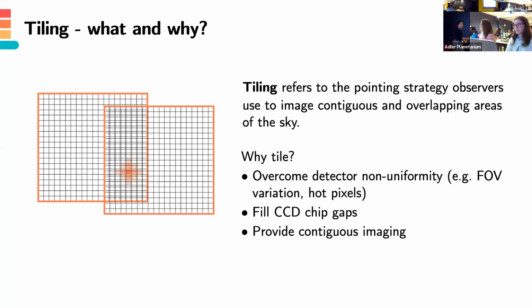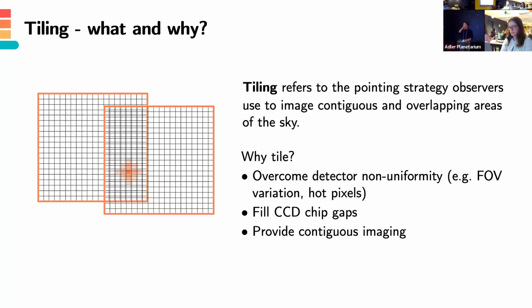You also want to tile to fill in your CCD chip gaps. So we saw this in practice with the HSC imaging at the top, but when you have a tiling strategy, this also allows you to fill in a uniform way the areas of the sky that you don't see in any single given exposure. And then finally, it gives you an opportunity to provide contiguous imaging across your survey area.